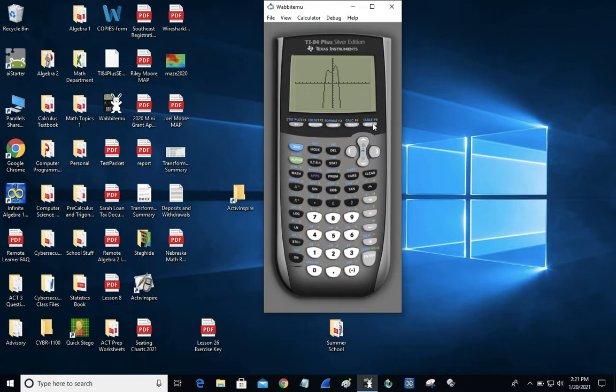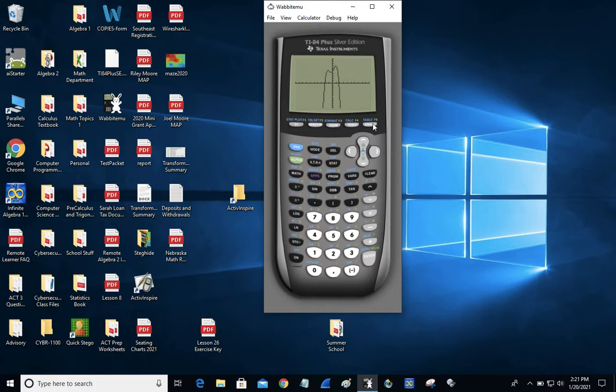Looking at this polynomial function, how many maximums do I have? 2. Anytime it goes from increasing to decreasing, we're going to call that a local maximum. How many minimums? 1. How many zeros? 2. So we have 5 important points that we need the calculator to tell us exactly what those values are, or as precise as the calculator can tell us.